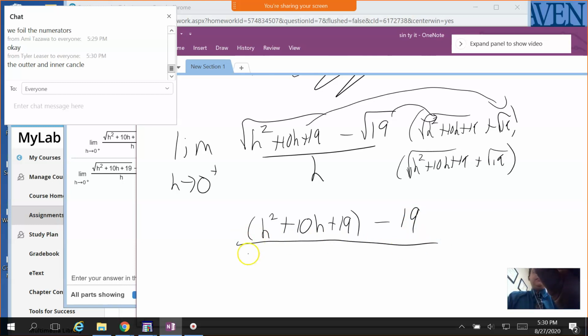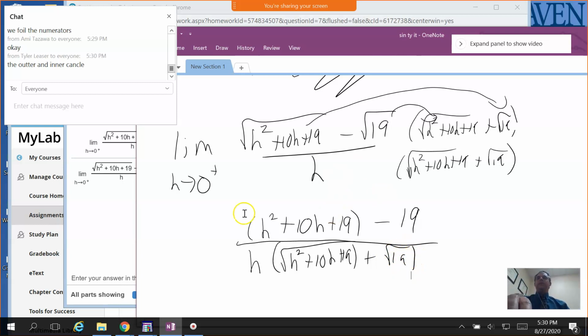In the denominator, I'm going to leave that with the h and then the square root h squared plus 10h plus 19 plus square root 19. Don't multiply out the denominator because we want the h to cancel out.